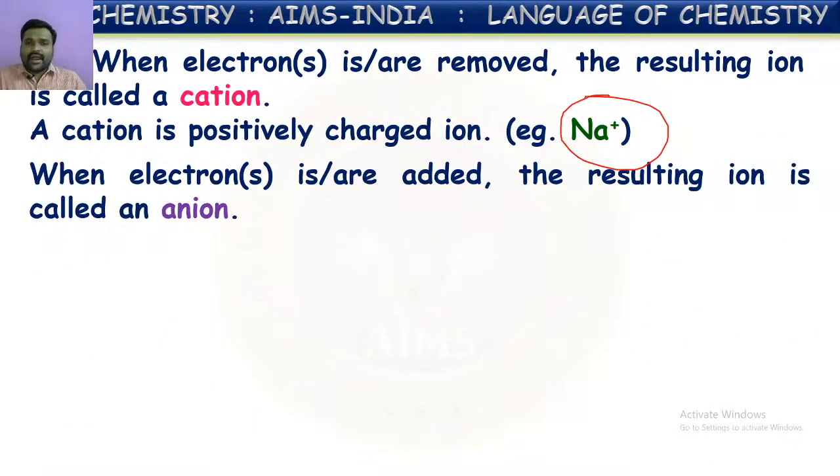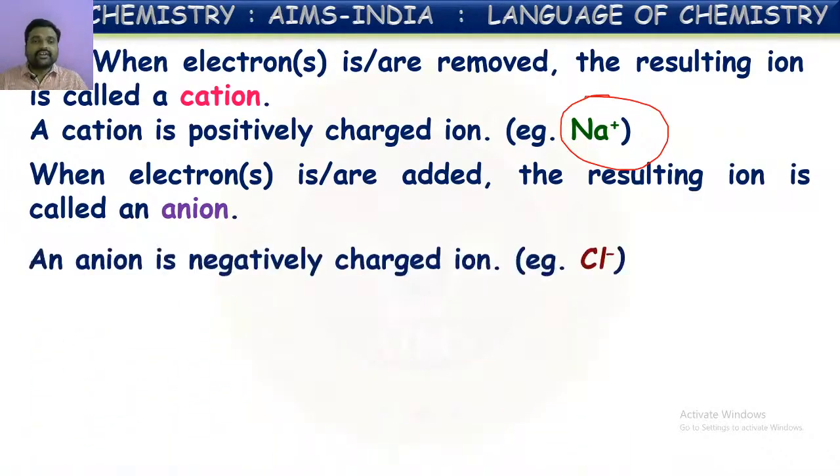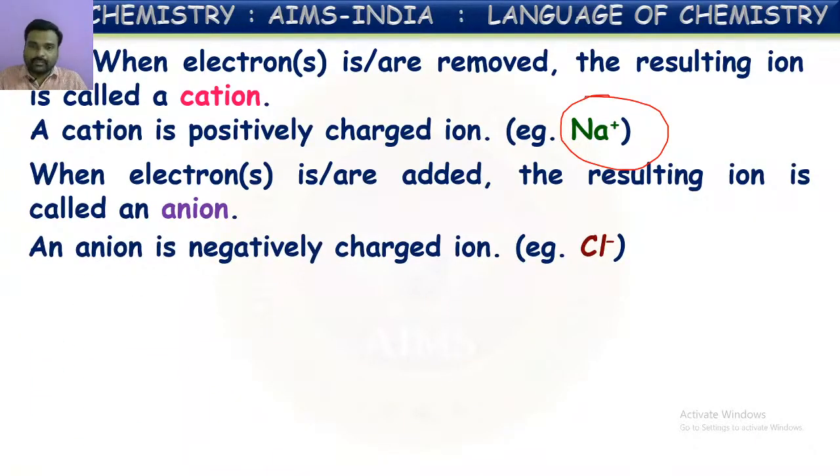When one or more electrons are added to an atom, the resulting ion is called an anion. Anions are negatively charged. For example, when chlorine gains one electron, it forms the Cl- particle, called chloride ion, also called an anion. Why does Cl get a negative charge after gaining one electron?